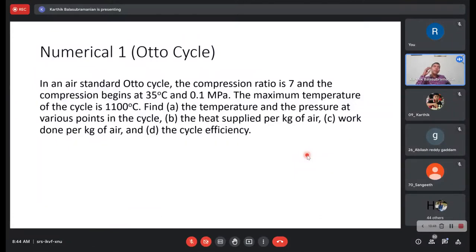Just a review of Otto cycle and diesel cycle. Probably we'll just solve this one problem. I would like to see whether you still remember the formulae and the calculations involved. This more or less goes back to thermodynamics, right?